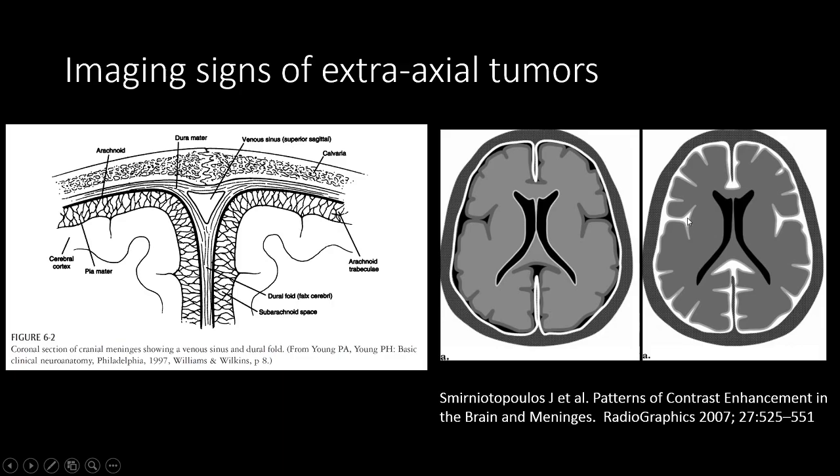Whereas leptomeningeal enhancement extends over the surface of the brain into the sulci and the fissures and also the cisterns. Pachymeningeal enhancement should be distinguished from leptomeningeal enhancement.